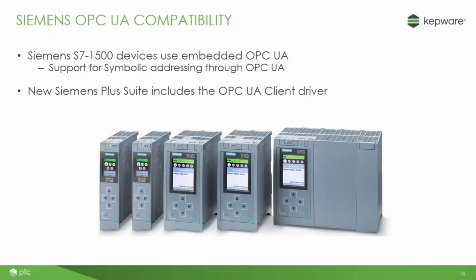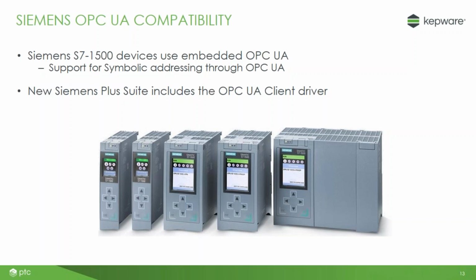Because we support structured data types, we now also officially support symbolic addressing through OPC UA for Siemens S7-1500. This is great because before, if you were just using our regular Siemens Ethernet drivers, you could get data blocks and so on and so forth, but you couldn't pull in those symbolic addresses because Siemens actually had no official way to do that through their native S7 protocol.